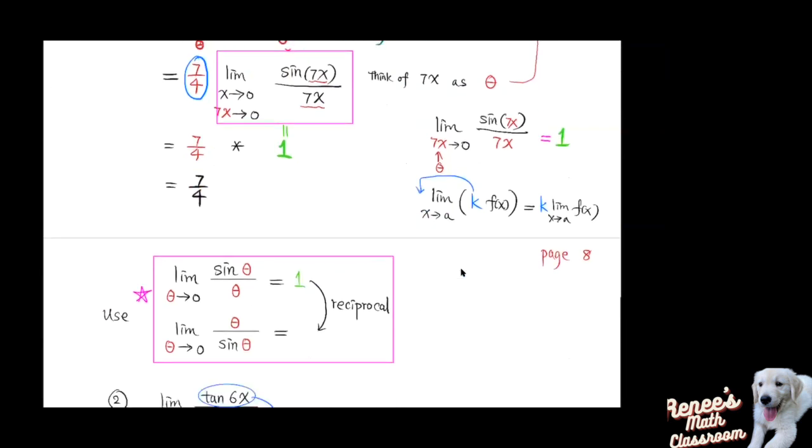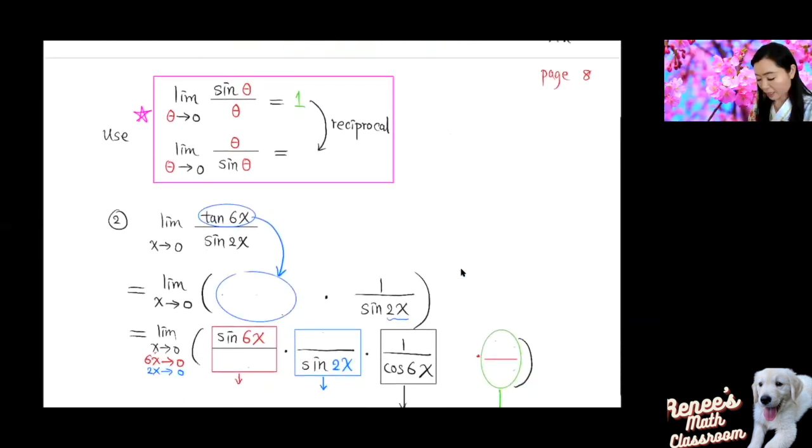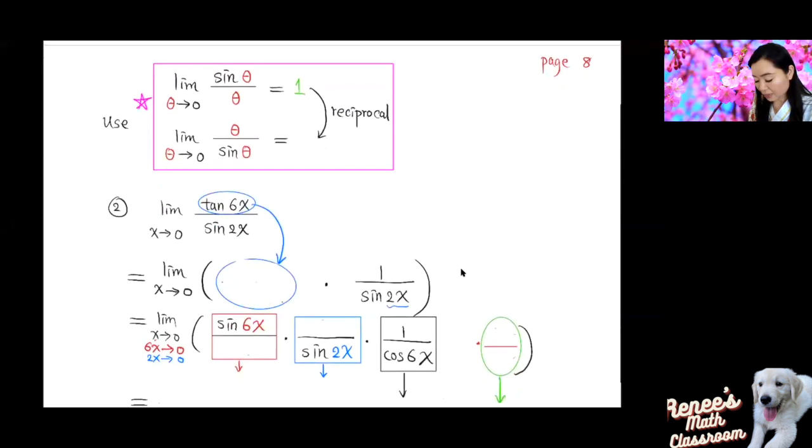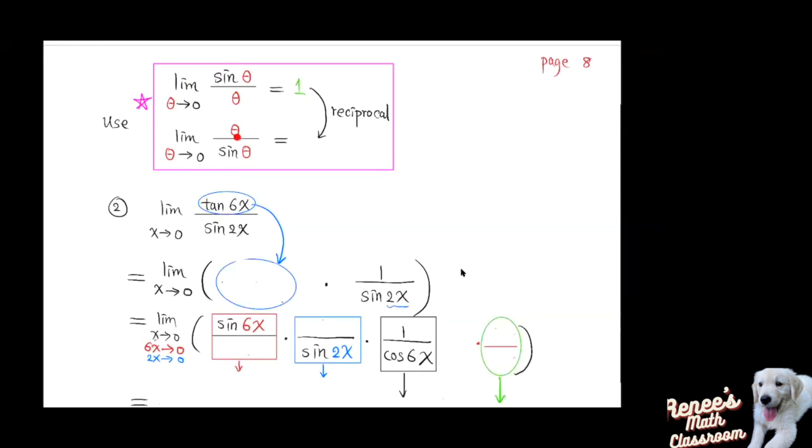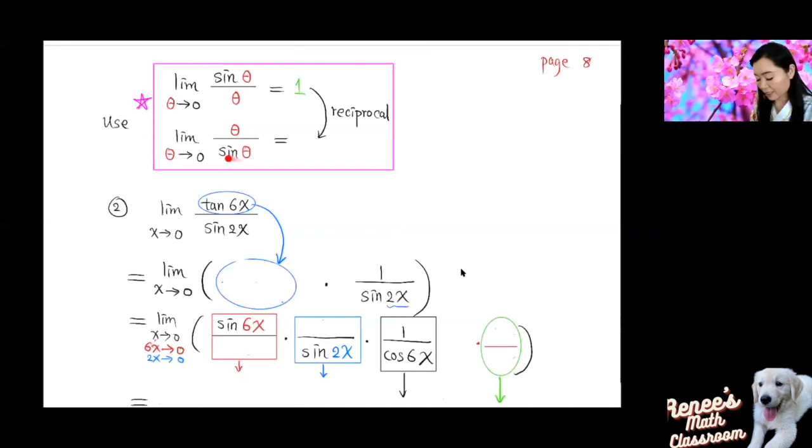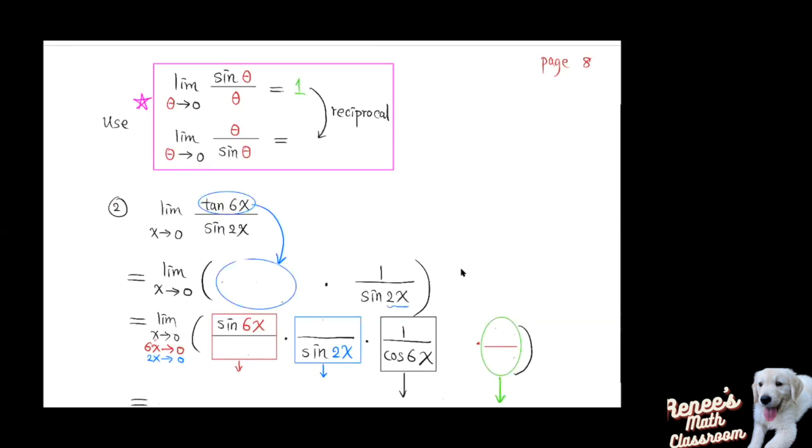Okay, just one more example. Now we know that sine of theta over theta, as theta approaches 0, is 1. Let's take the reciprocal of this. So this time I put theta on top, sine theta down here. As theta approaches 0, what is this limit? Anyone?